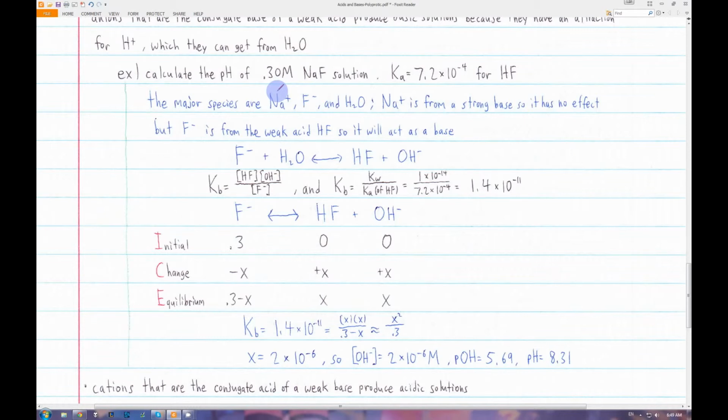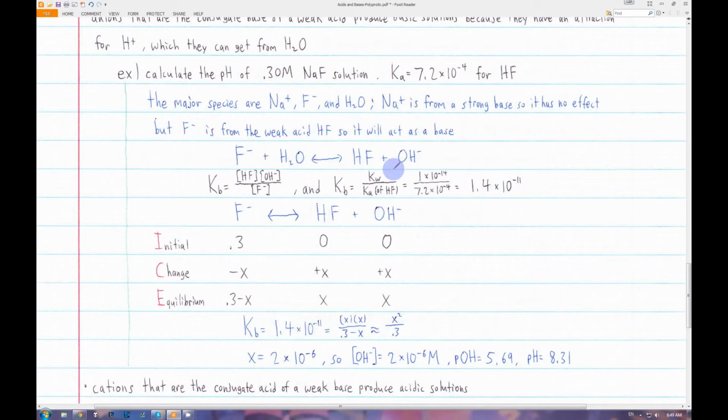Na+, since it comes from the strong base NaOH, will have no effect on the pH. But since F- is from a weak acid, it will act as a base in this solution. So it will react with water to steal a proton, and when it steals that proton, the water becomes the hydroxide ion.